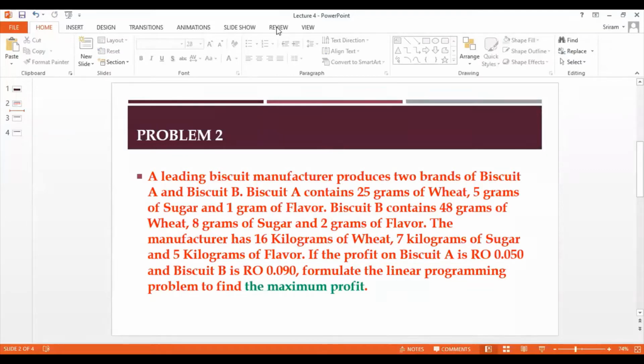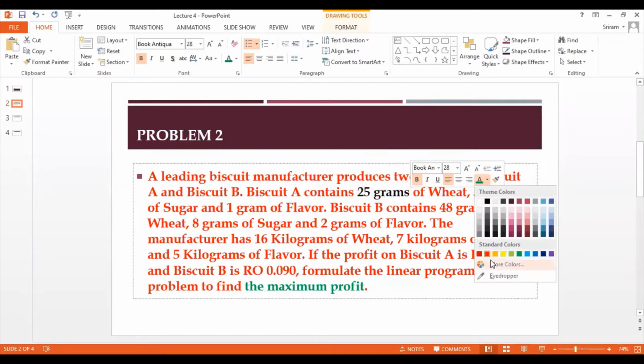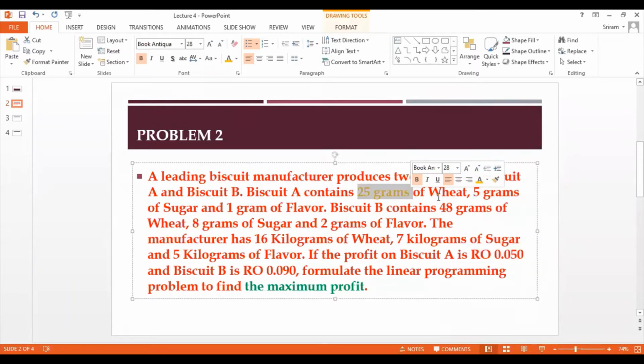Next, we are going to check the other ideas, the resources. What are all the resources required? We need 25 grams of wheat, so wheat is one resource, and we need 5 grams of sugar, the next resource.